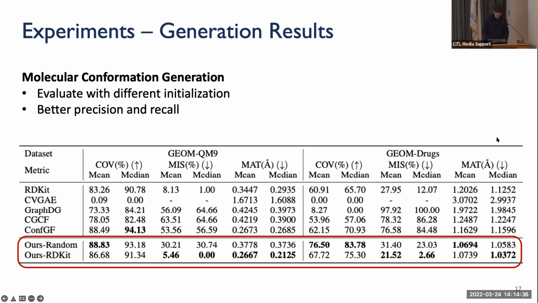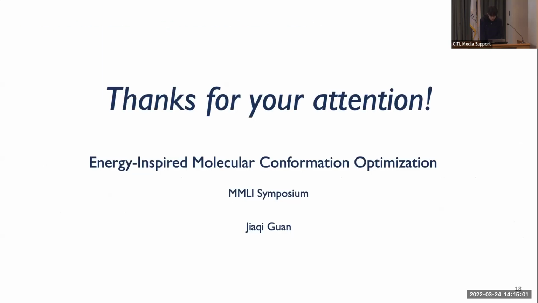And also we compute the matching score, which means the lowest RMSD of each generated conformer to the conformers in the reference site. And we can see compared to previous generative models, our models can achieve higher coverage score, lower mismatching score, and better matching RMSD. So that's basically my work, and thanks for your attention.